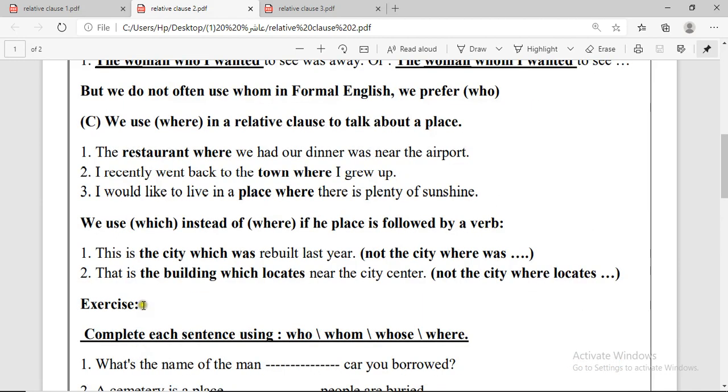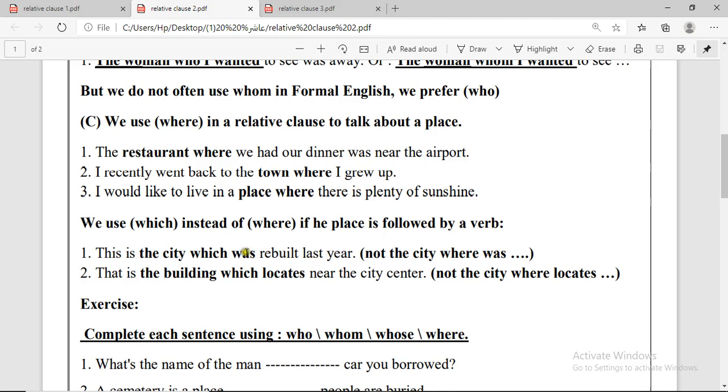There is an important thing here. We can use which instead of where if the place is followed by a verb. Look at this sentence. This is the city which was rebuilt last year.